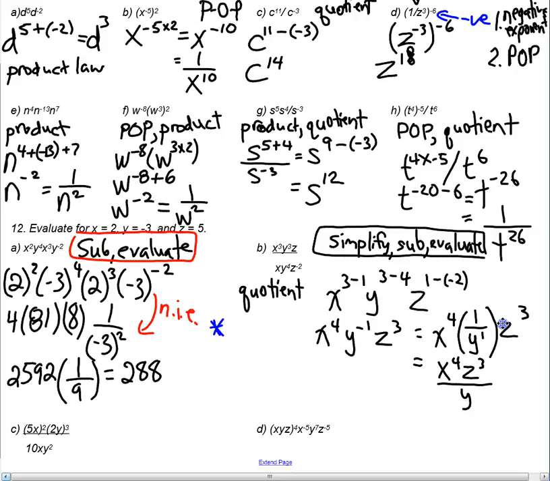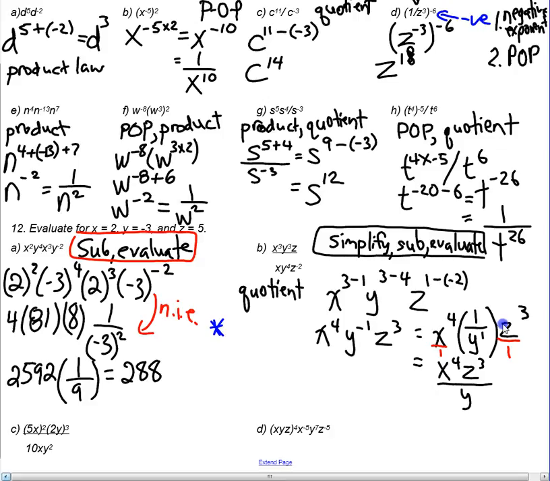Okay, and we think a little bit like multiplying fractions. We've got 3 fractions, we multiply across the top, write that as a common expression, and multiply across the bottom, which would be 1 times y times 1. Now when we substitute, our next step would be putting in 2 for x.